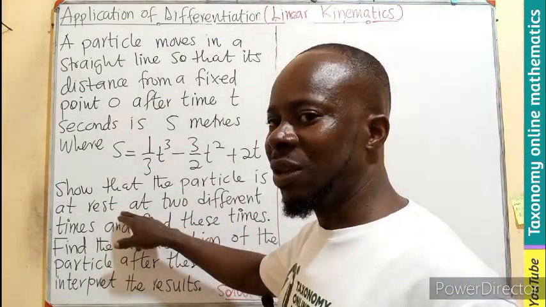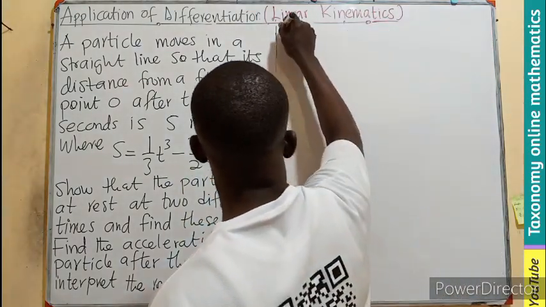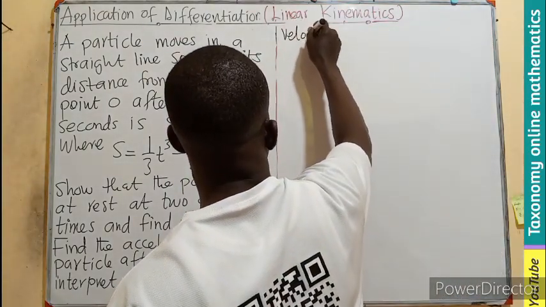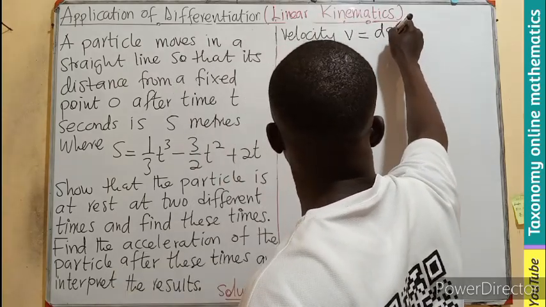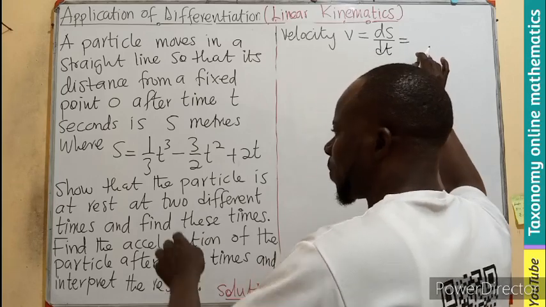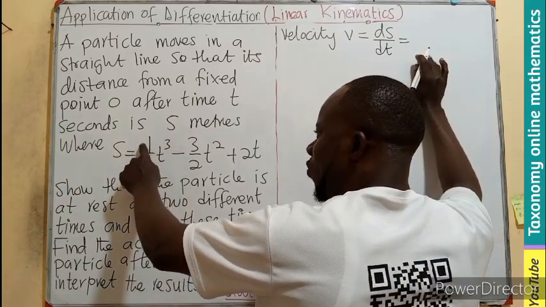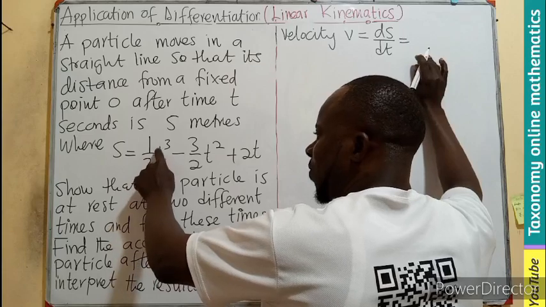So at rest simply means velocity is zero. And velocity is not given, so we begin with our velocity, right? v is the differentiation of s with respect to time. So 3 comes forward, 3 times 1, 3 divided by 3 is 1.